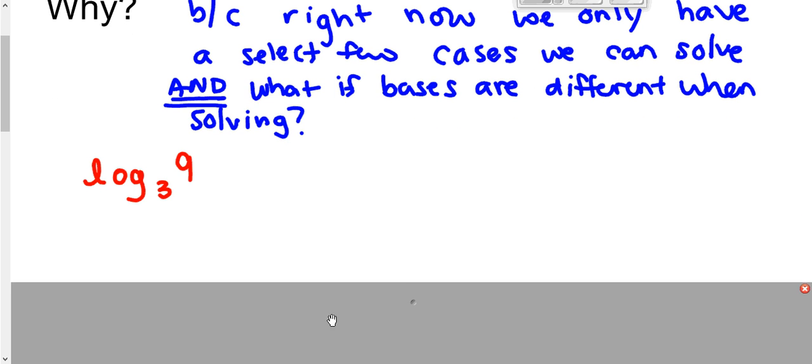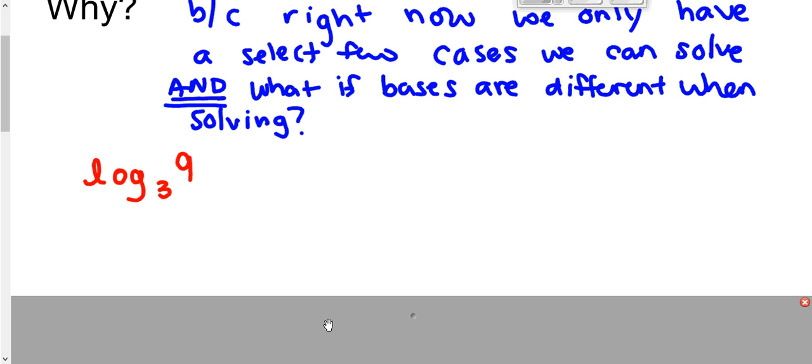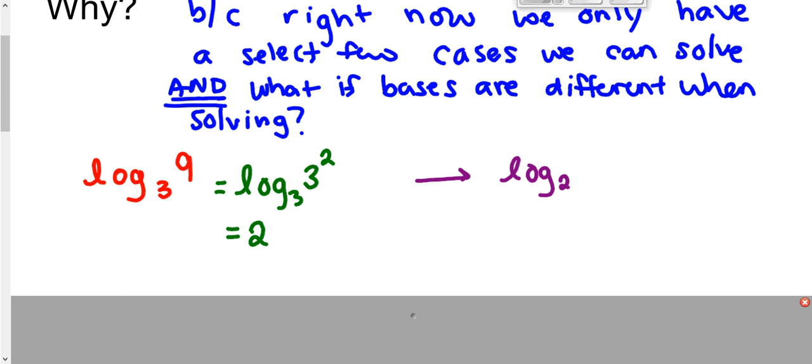So for instance, if we have log base 3 of 9, this is one of the select few ones we can solve, because we can write this as log base 3 of 3 squared. Log base 3 of 3 is 1, so our answer here is 2. But here's the issue. What if we have log base 2 of 9?